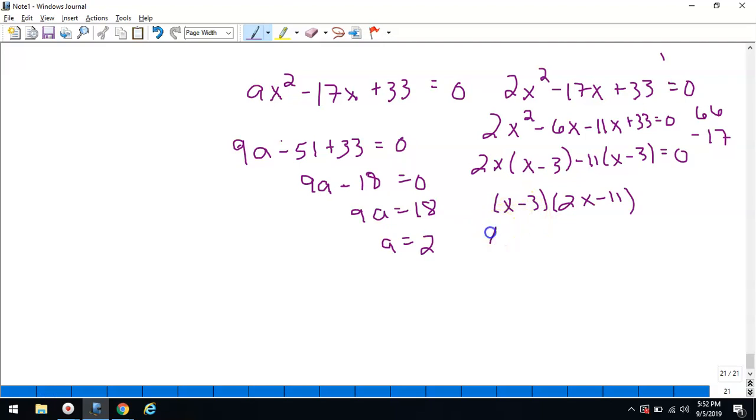So there's my one answer. X sub 1 was the one it already gave me, positive 3. So my x sub 2 has got to be the other answer it is looking for, which is going to be positive 11 over 2, or just 5.5. Cool, that was a fun one.